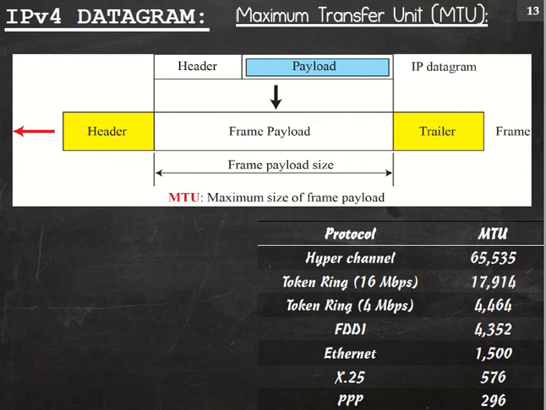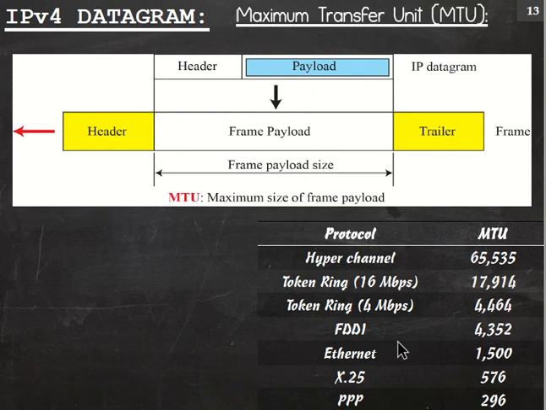You can see in this diagram a payload, and the maximum size of a frame payload, which varies based on the protocol. For hyperchannel, 65,535 is the MTU. For token ring of 16 Mbps speed, it is 17,915.